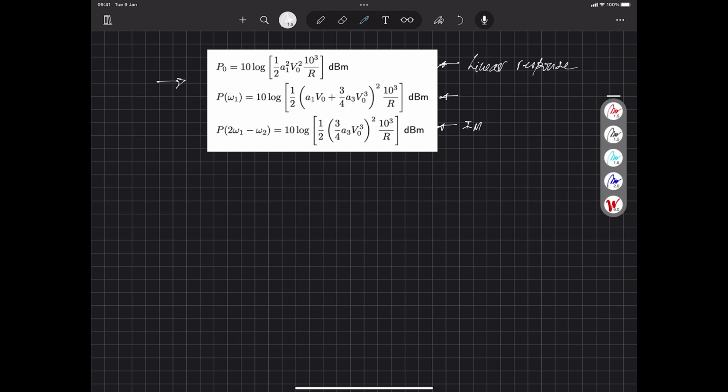Based on these equations, let us now derive some relations between these expressions.